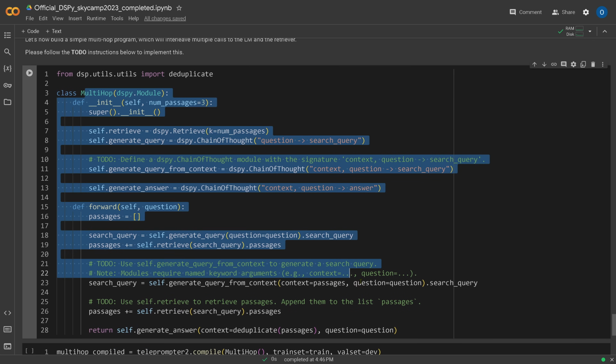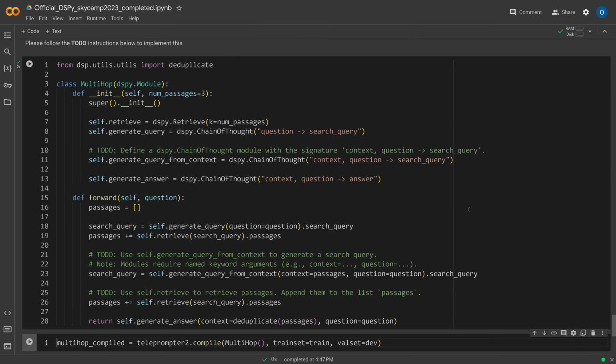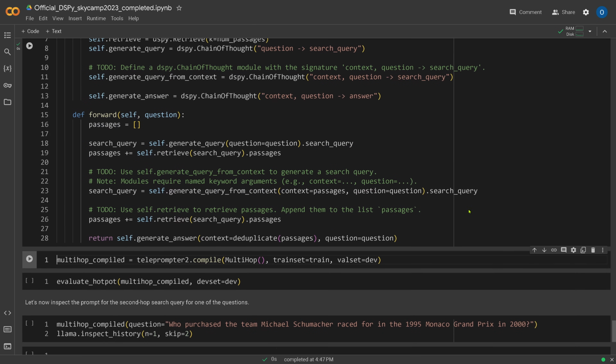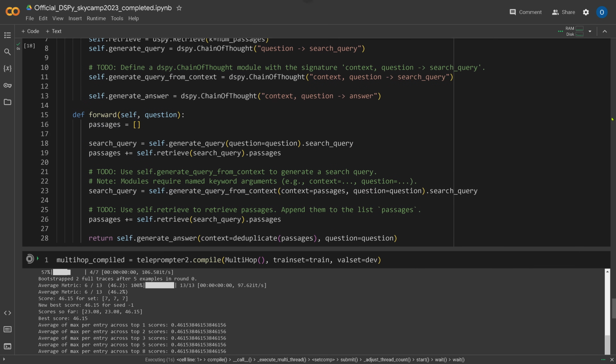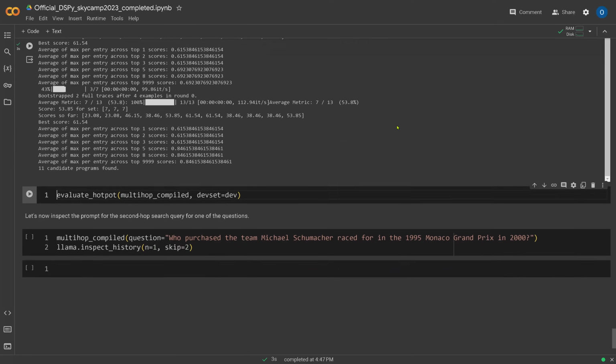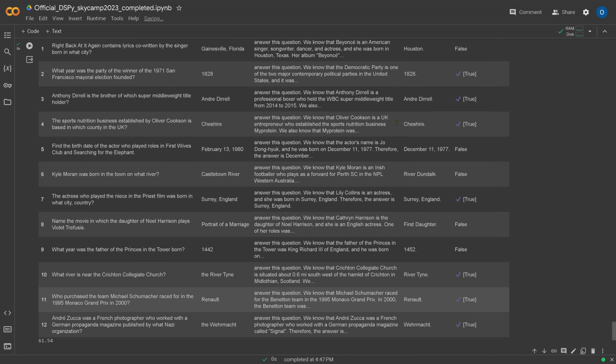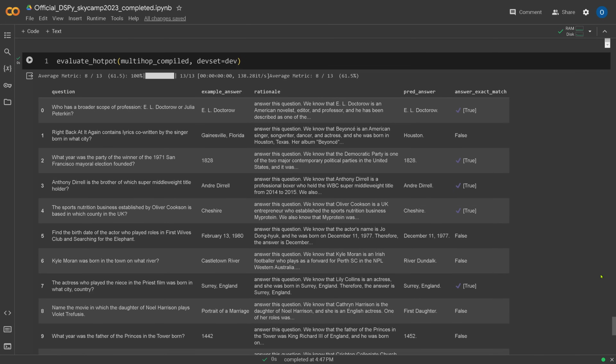You have here for multi-hop. You see, it is so easy and you do not need a template. It does it for you. This is so nice. You compile it. In real time, you have a better accuracy. And you inspect it. And then you have here, again, our evaluation data set.